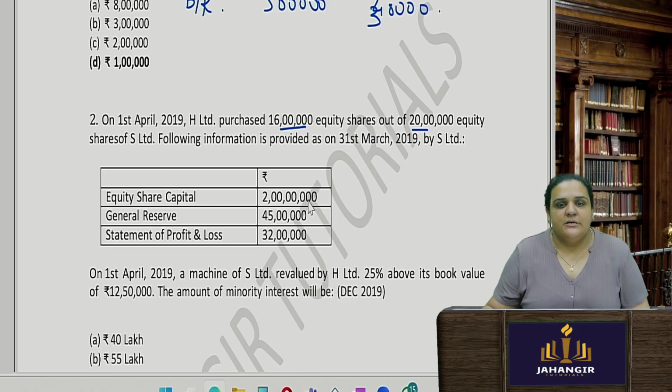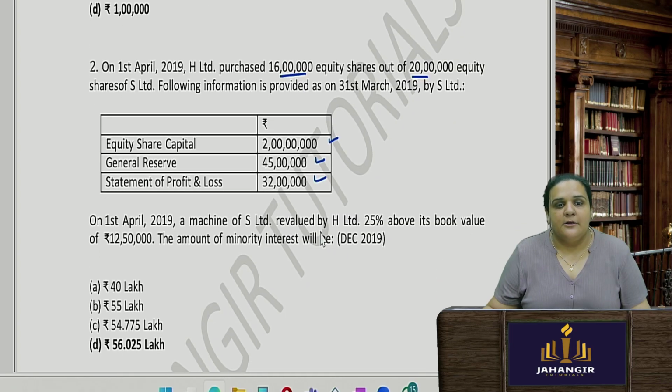Now next. On 1st April 2019, H Limited purchased 16 lakh equity shares out of 20 lakh. The following information is given: equity share capital 2 crore, general reserve 45 lakhs and P&L statement 32 lakhs. On 1st April 2019, a machine of S was revalued by H 25% above its book value of rupees 12,50,000. The amount of minority interest will be how much? In case of minority interest, you will take its share in all the shareholder items 1, 2, 3 and capital reserve also.